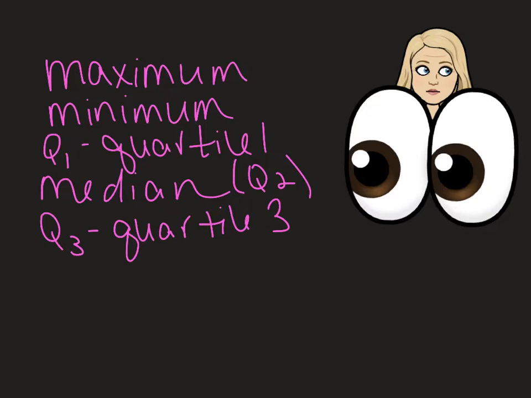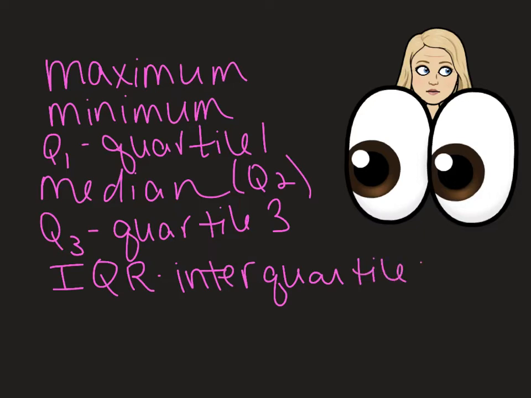And the other thing that you need to know is IQR, which is the abbreviation for interquartile range. That word range, remember, was subtract the high minus the low, but this is interquartile range, so it's not exactly the same. So it's Q3 minus Q1.